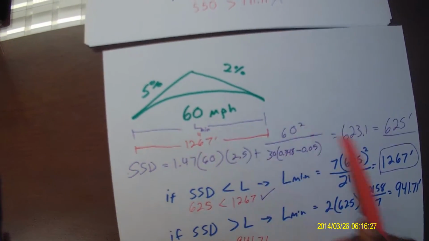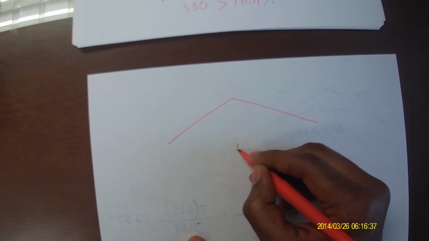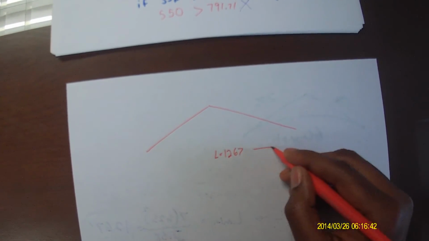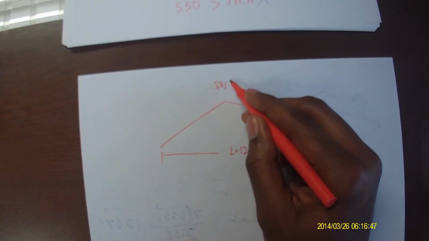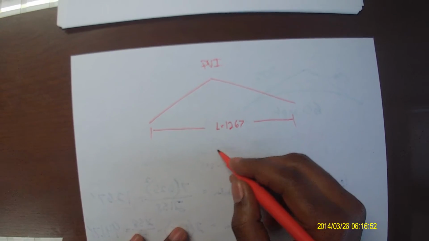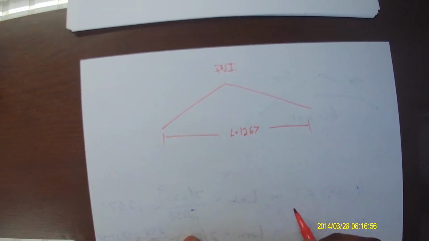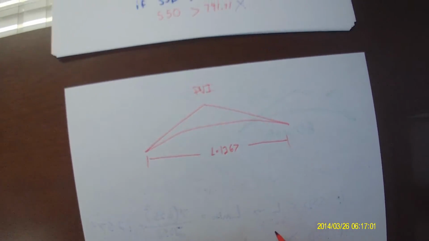So now we have our length here. And if you remember in previous classes, I've always given you L, which was equal to, in this case, 1267. I've always given you an L, and I told you that PVI is basically centered at the length of the curve, which of course, remember, is a straight horizontal line. It's not the actual curve length as it was in the horizontal fashion.